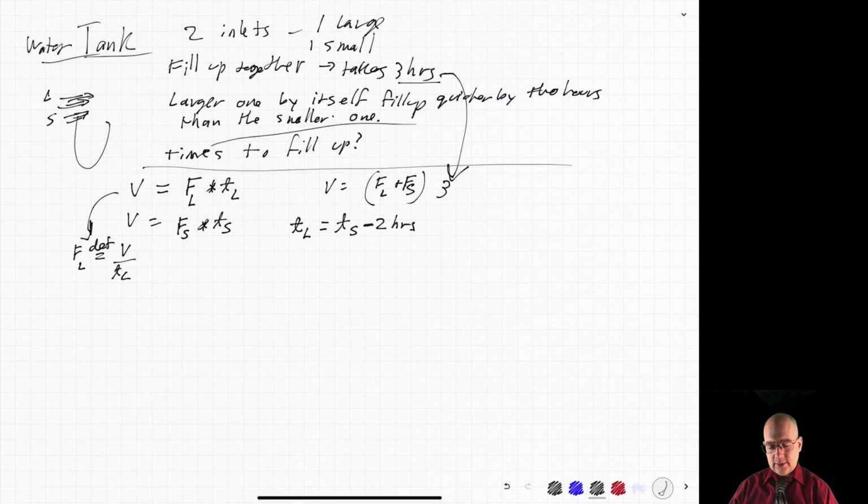So that's that. Now, the time for filling up the larger one: the larger one fills it up quicker, so it's a smaller time, and that smaller time is given as being less than 2 hours.